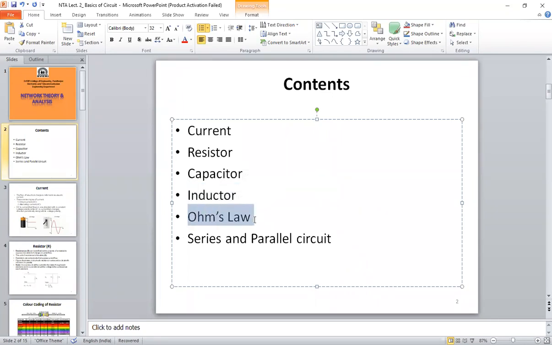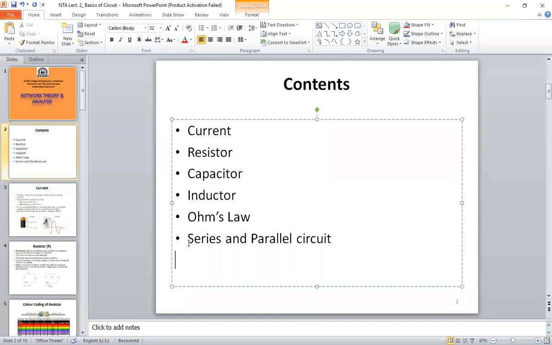Then the basic law, that is Ohm's law, we can discuss. And after that, how the components are connected, whether in series or in parallel. All these points we have to cover, because before solving the circuit by a particular theorem or analysis method, we have to observe the circuit carefully.